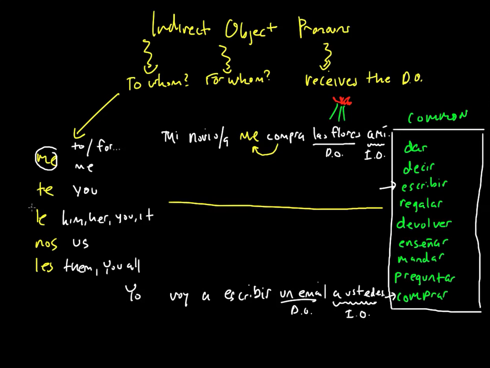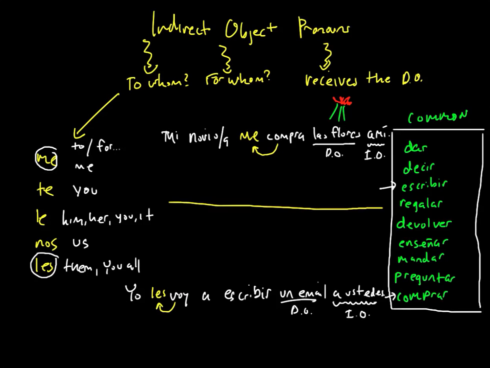And that means I'm going to select les. Okay, now we are going to write that les in one of two locations. In this first option, we're going to write it before the conjugated verb voy. So now we have yo les voy a escribir un email a ustedes.